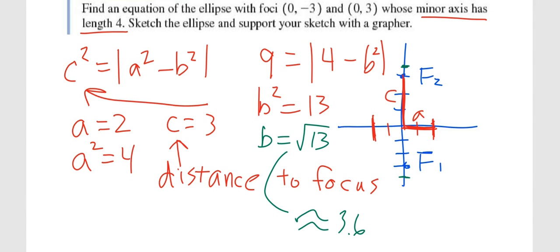Notice how I went 3.6 units up and 3.6 units down to find the edge of this box. Where do you think that ellipse will be in relationship to this imaginary box? Inside of it.